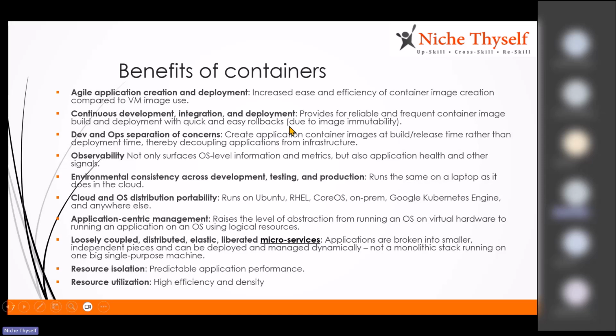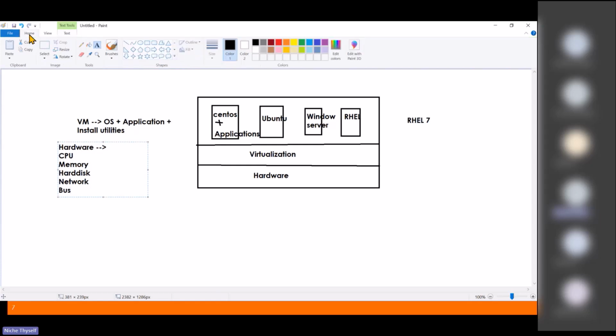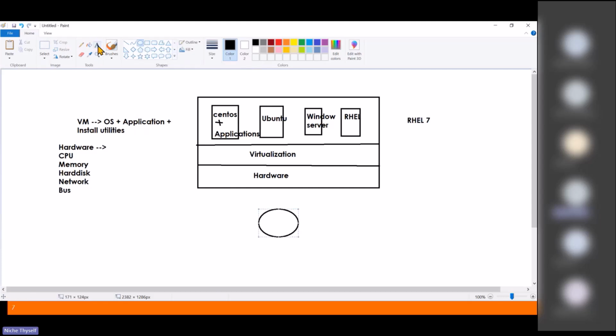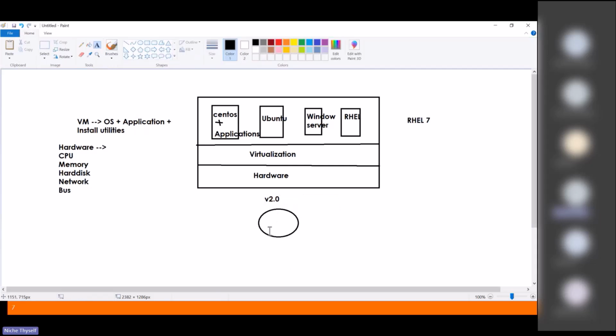Means what? Suppose tomorrow you release something. You had a version 2.0, and with version 2.0 you created some image, v2.0, means your own custom application on some operating system, and you are running it in production, but suppose it has some major bug. So it's very easy.